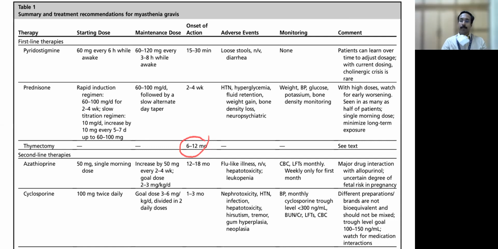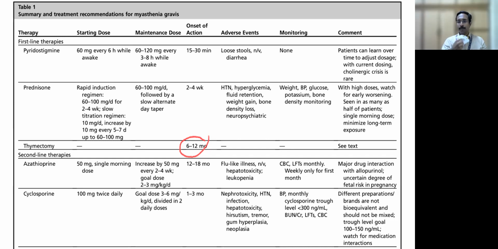There is a role for thymectomy also in patients who have non-thymomatous disease, patients who have thymic hyperplasia. Especially in young females who have significant disease which is not being controlled well with immunotherapy, we can optimize them and then take them up for thymectomy. These are patients with thymic hyperplasia. Why? Because we consider the thymus as the primary organ which is driving the myasthenia gravis.